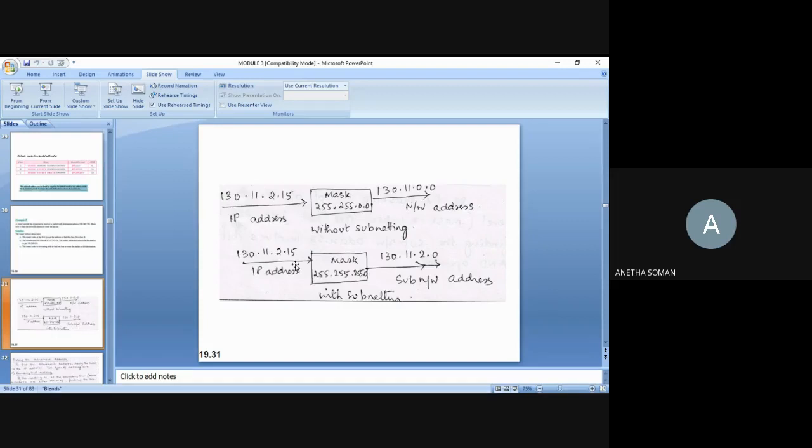Remember that of the 4 bytes, the first 2 bytes denote the network ID, and there is no change in that. The third byte defines the subnetwork ID, and the last one is the host. That is the concept of what happens without subnetting and with subnetting.